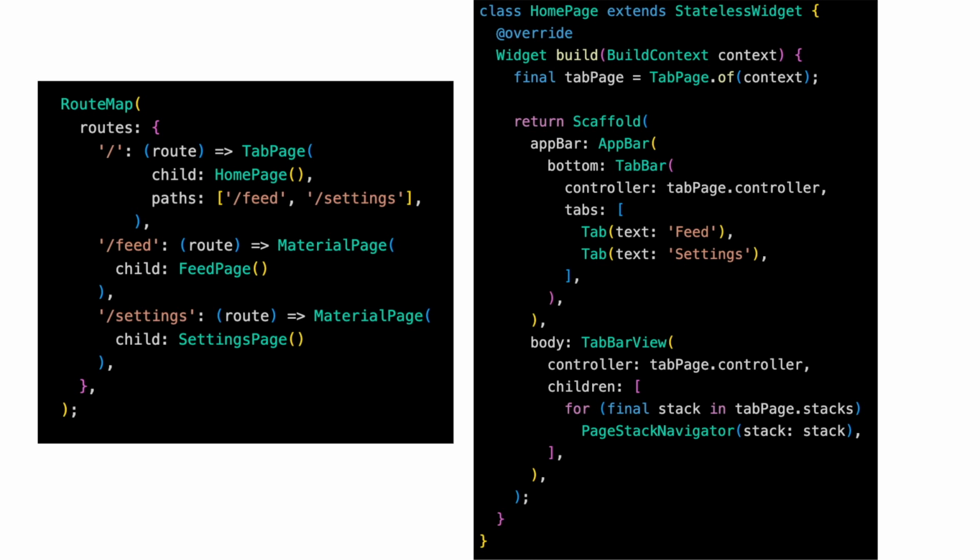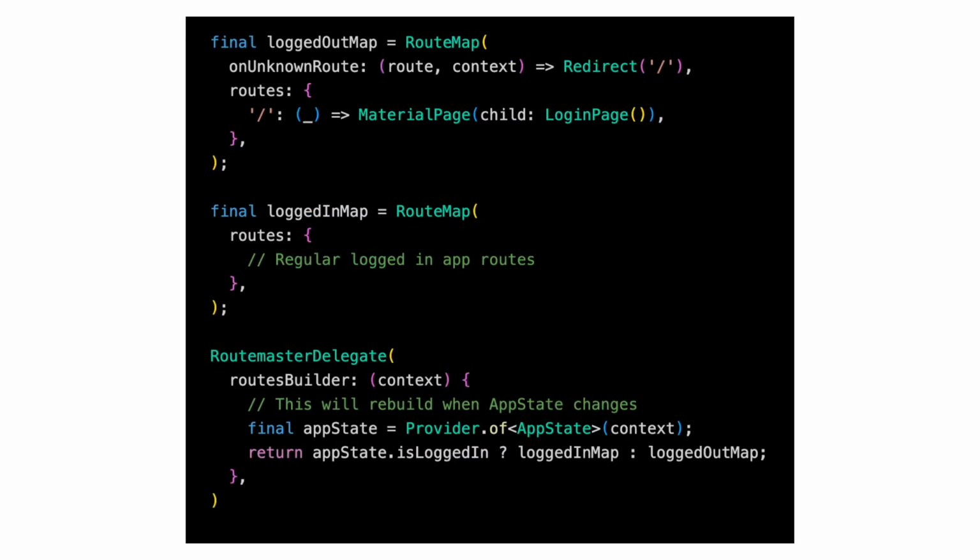And it grabs this tab page object, which Routemaster provides, and this is all you need for URL routing with tabs. One other thing from Routemaster is that you can swap route maps kind of on demand. This is a very common thing that you need to do with routing, particularly with apps that support login.